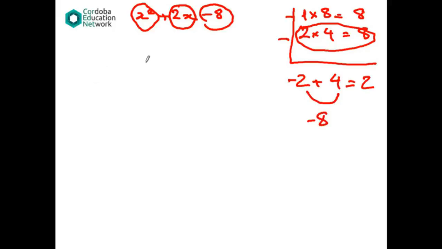Now, that's the bulk of the work done. All we have to do now is make two brackets like this and put the results in there. So we've got x squared, which stays the same, x times x, and we've got plus 4, we'll put the bigger number first, and then we've got the minus 2, and that's your answer.